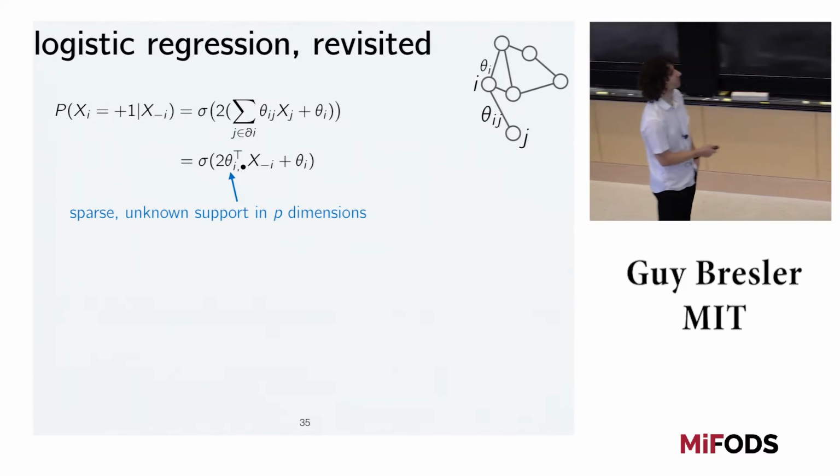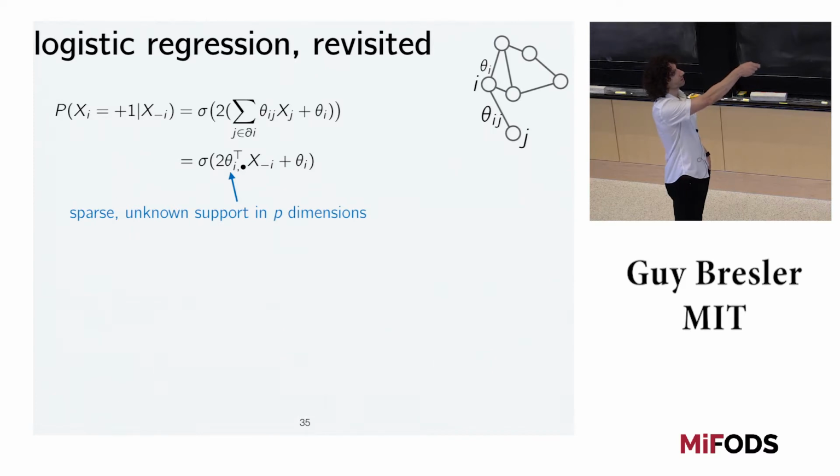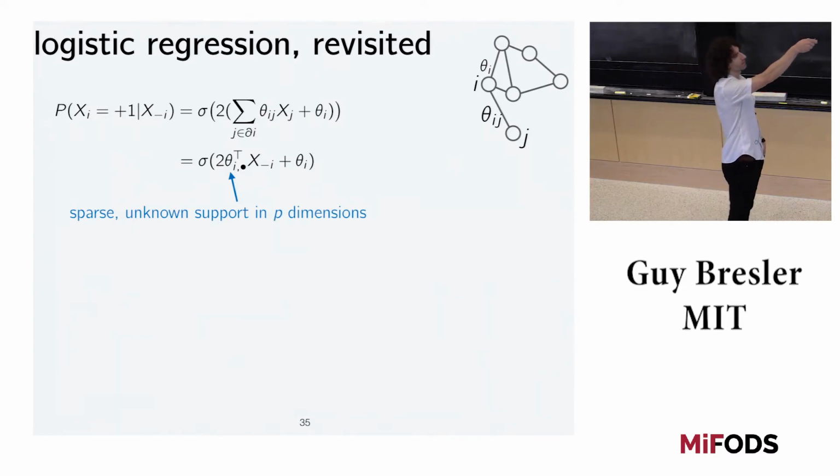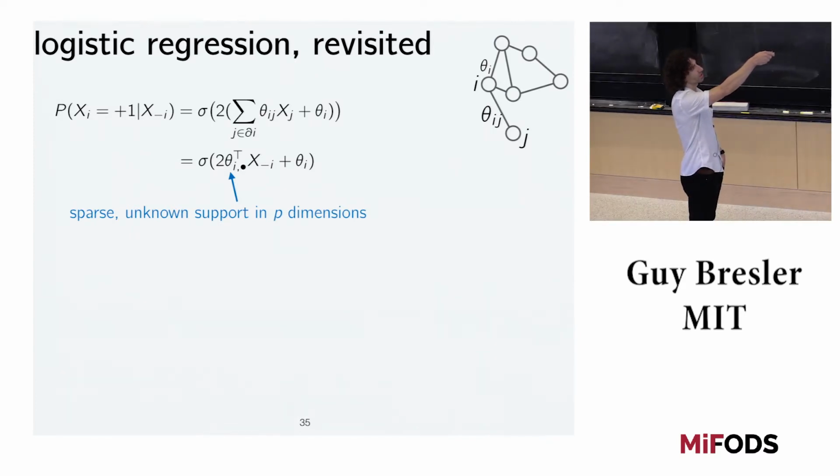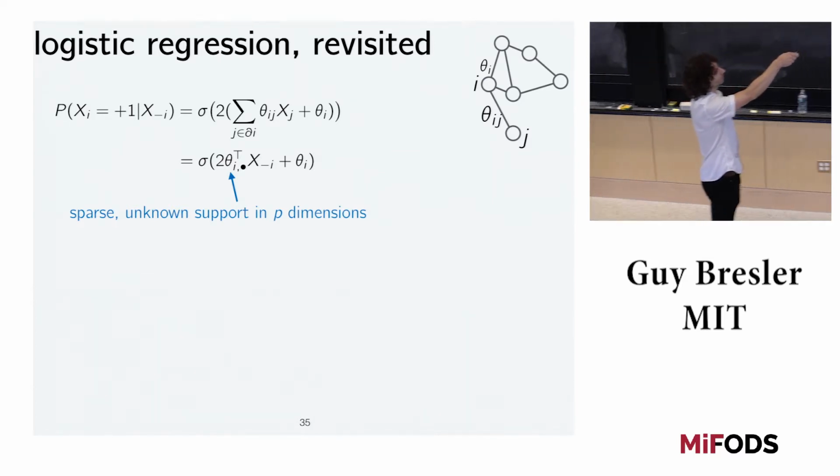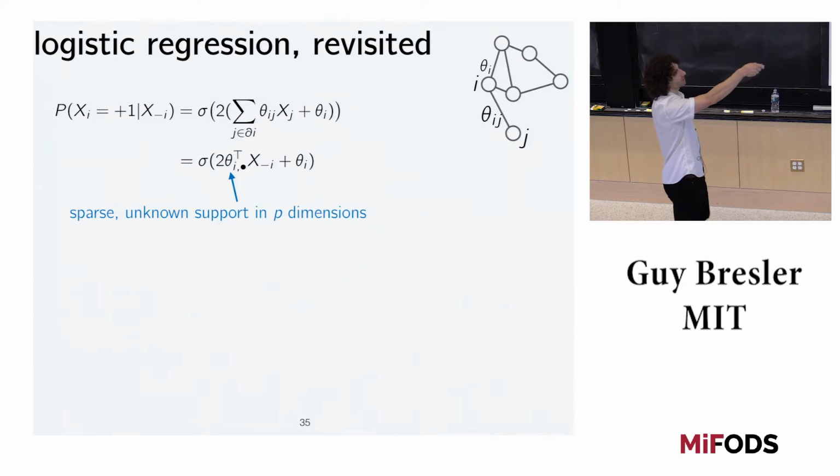So, okay, what's the situation? We're just going to write down the conditional probability of our favorite node I, that we want to find the parameters adjacent to, being 1, given all the other nodes. We already did exactly this before when we knew the graph.